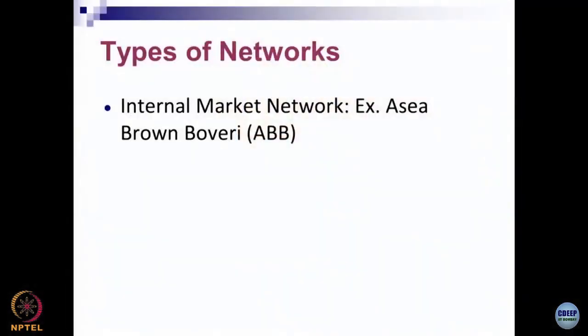Internal market network, where the organization is built around many small business units. One example is the ABB organization. This organization predominantly operates in 5 segments like commuting or modern electronics or robotics related functions. ABB operates in a highly technologically advanced segment related to telecommunication, robotics, production and transcommunication.